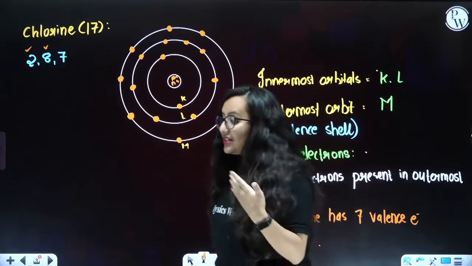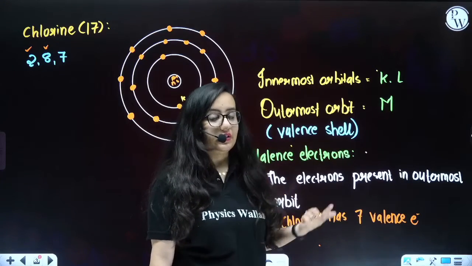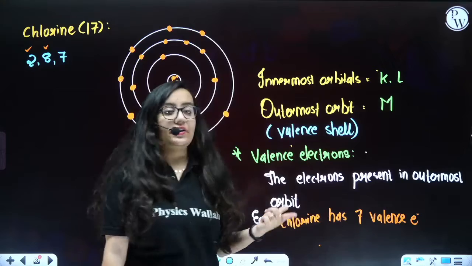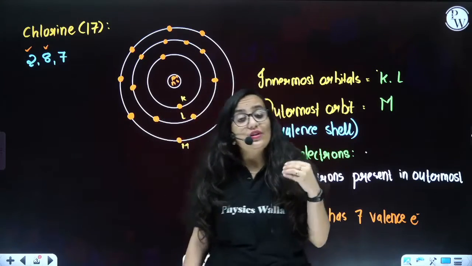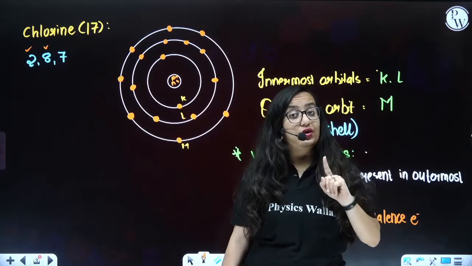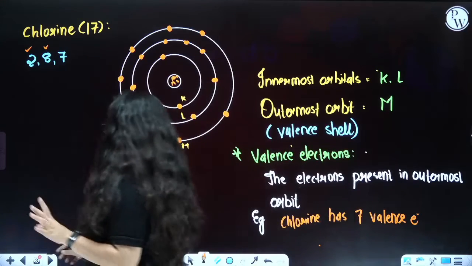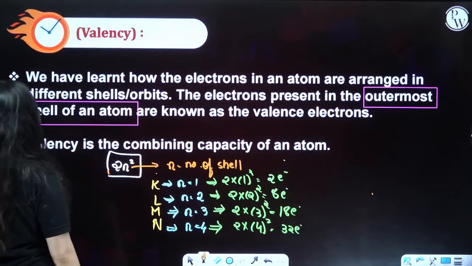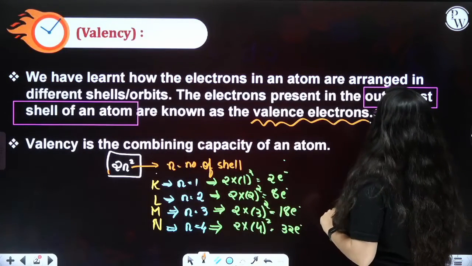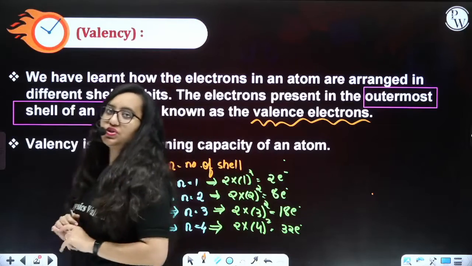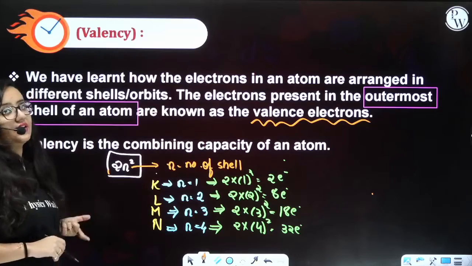Many students misunderstand the concept and think that the number of valence electrons is valency, but that is not the case. So just be clear. Now let us go to our first slide. They are talking about valence electrons, the electrons present in the outermost shell. Clear till here?